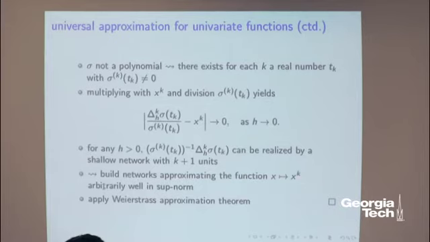And if you know that you can generate the polynomials, then the last step in the proof is just the Weierstrass approximation theorem, which tells you that the polynomials are dense in the space of continuous functions with respect to the sup norm on compact sets, and therefore the result follows. Okay, so you see the whole thing is a reduction to polynomials, and if you have done that, it's done.